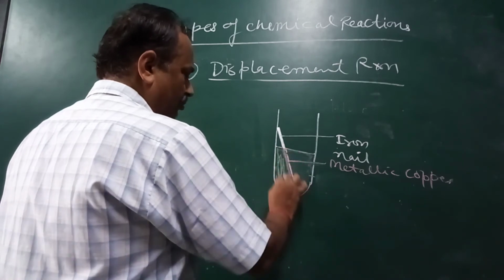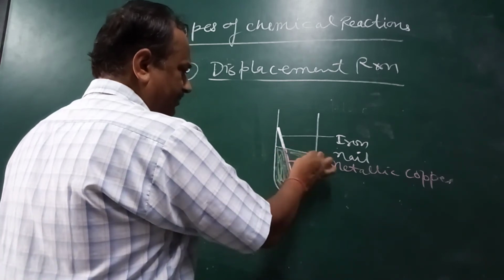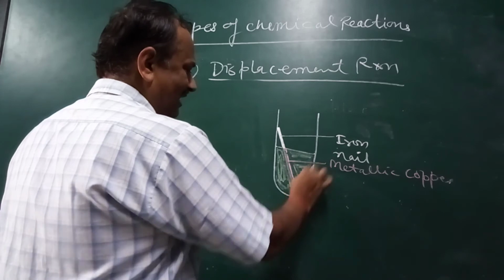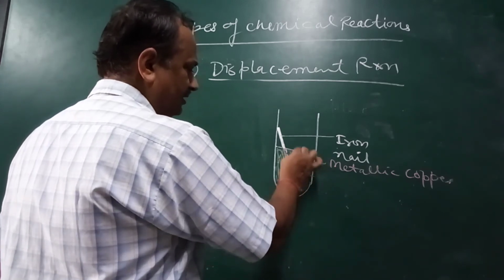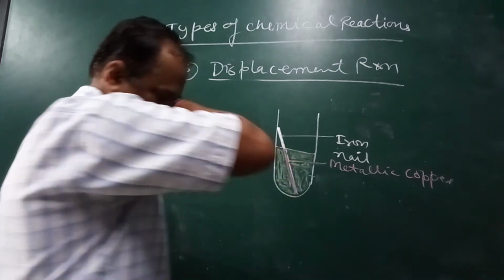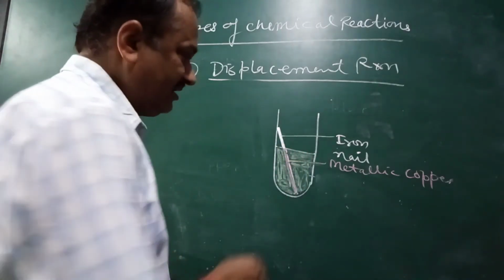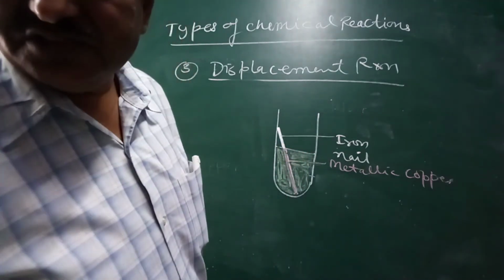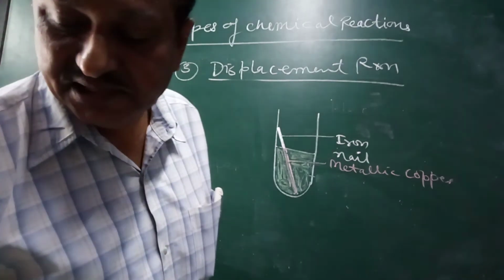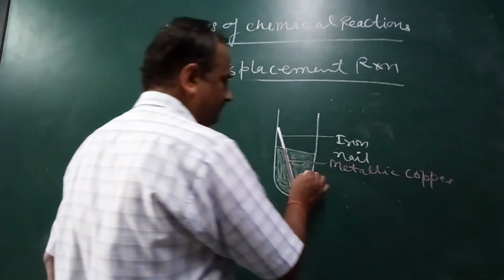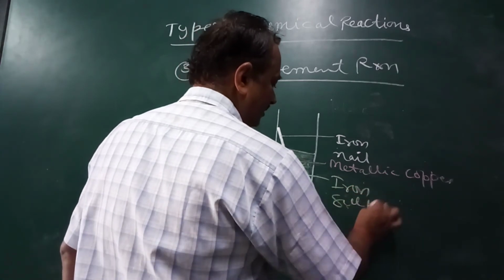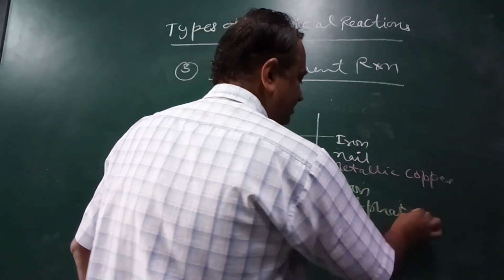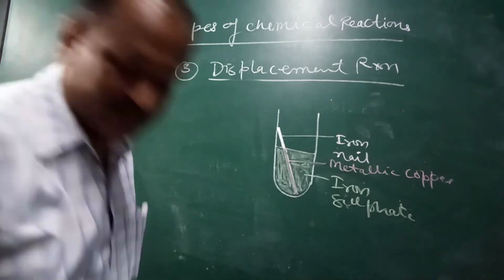This lower portion becomes slightly greenish due to formation of iron sulfate. So this green colored solution is of iron sulfate, and this is a single displacement reaction.